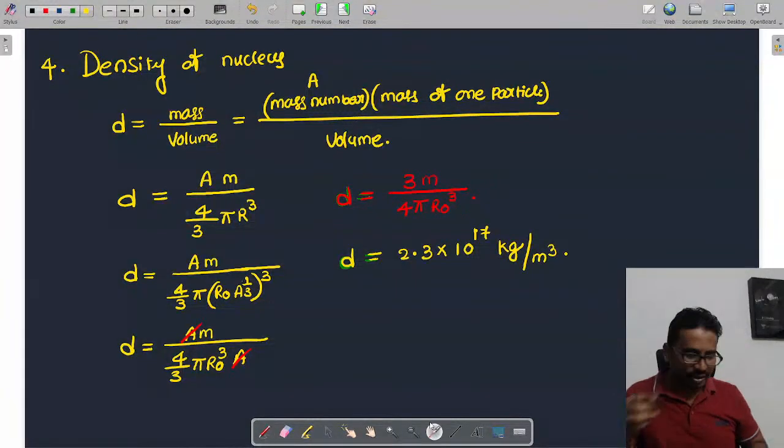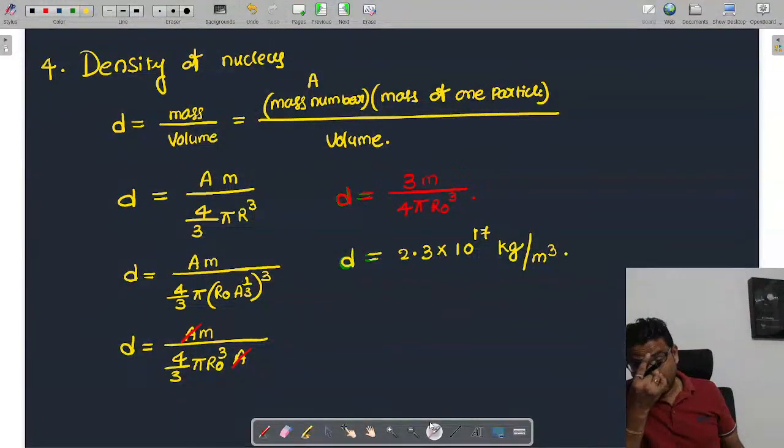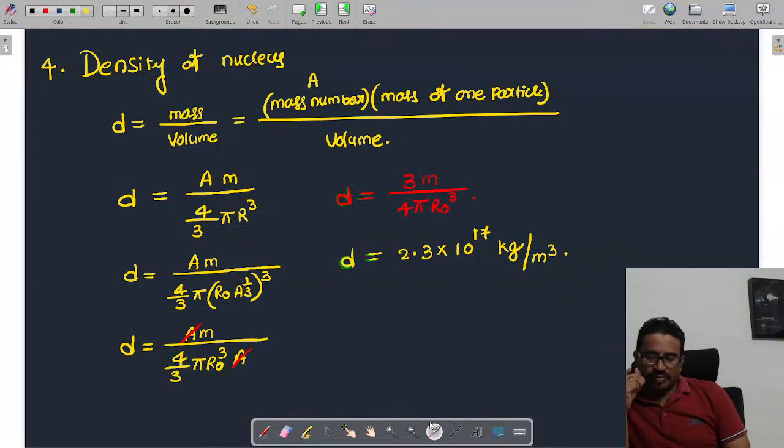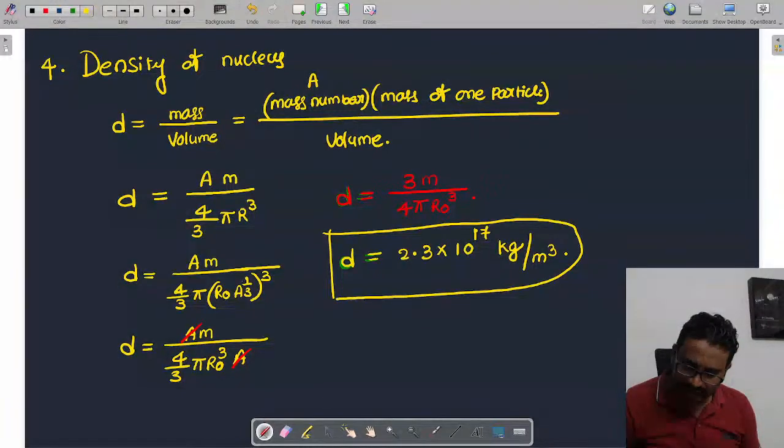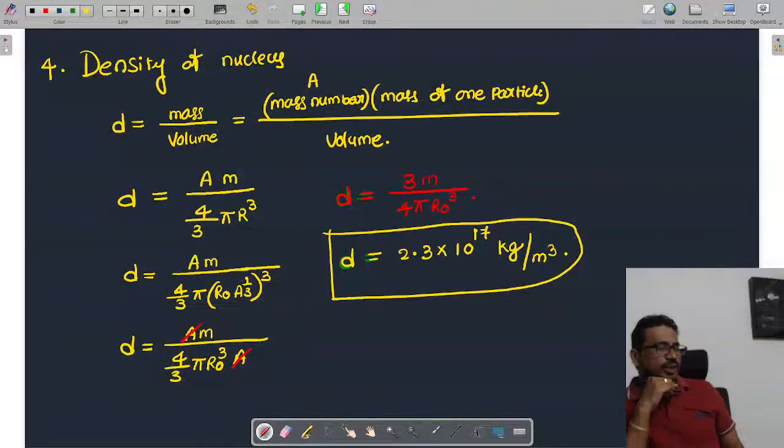It will come to be this much. So D is equal to what, tell me? 3m by 4 pi r naught cube. That value comes to be 2.3 into 10 power 17 kg per meter cube. This is the density we got, and you can see now this density is independent of atomic mass number. Is it fine?